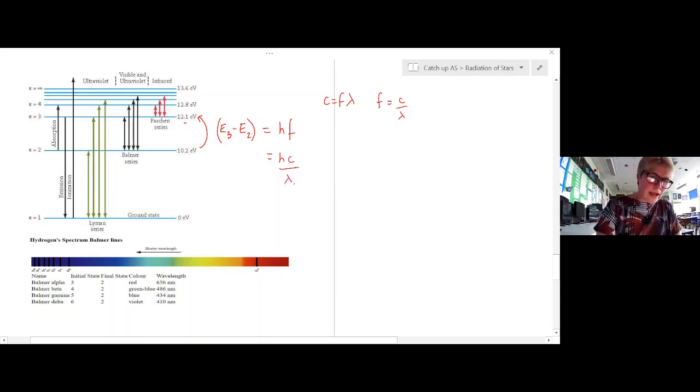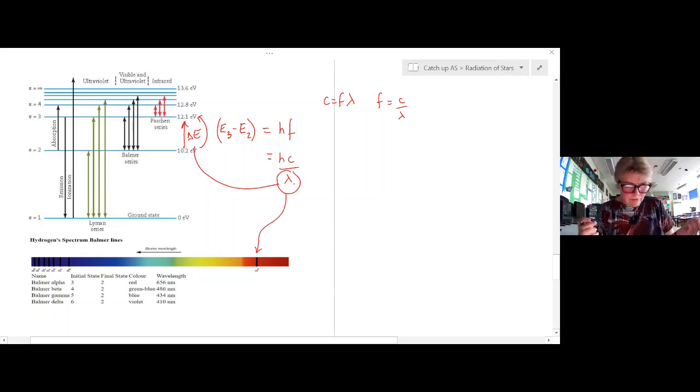So whatever that energy change is can relate to the wavelength of light that has been taken from the visible spectrum, leaving a black line. That might not be specifically that one, but that gives you an idea.